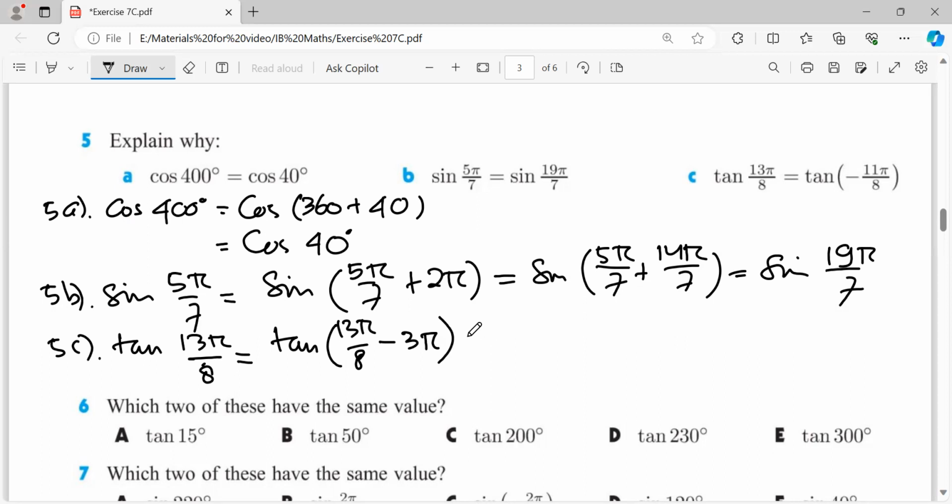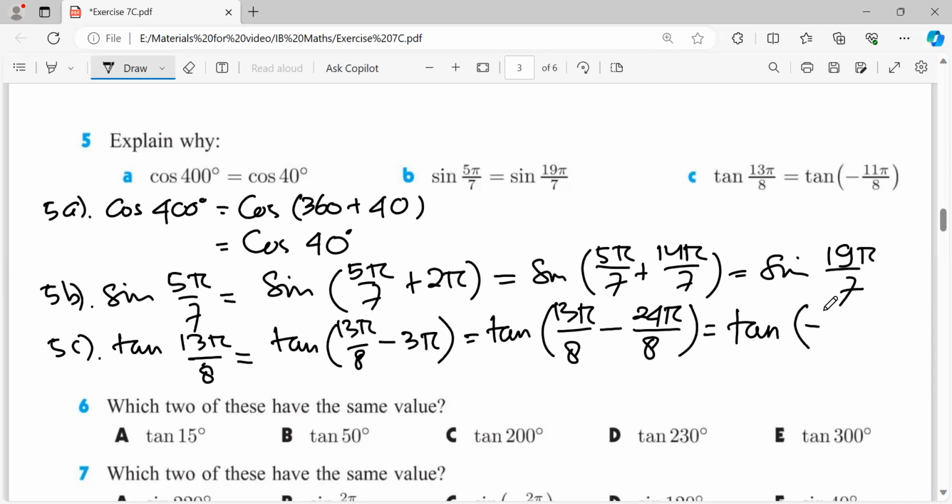If minus 3 pi, we're going to have tangent of 13 pi minus 8 times 3, 24 pi, over 8, tangent minus 11.